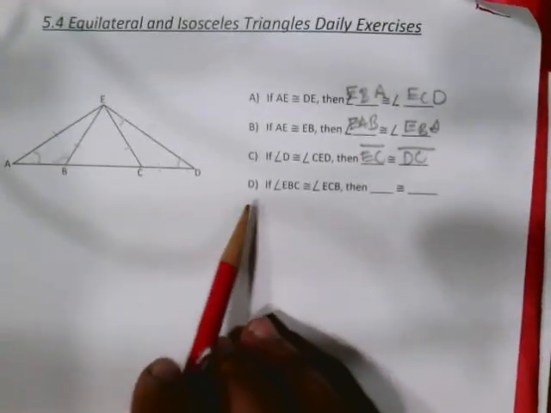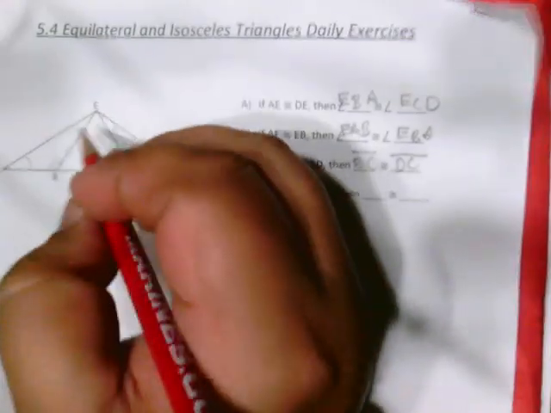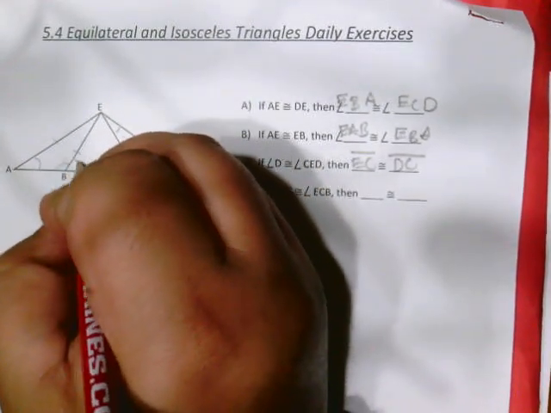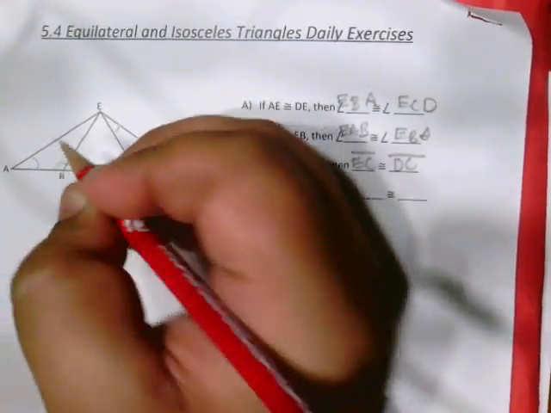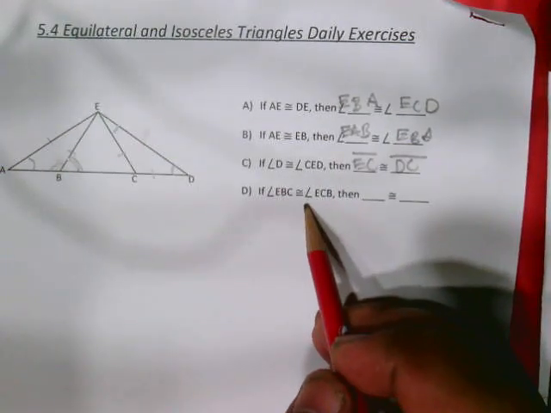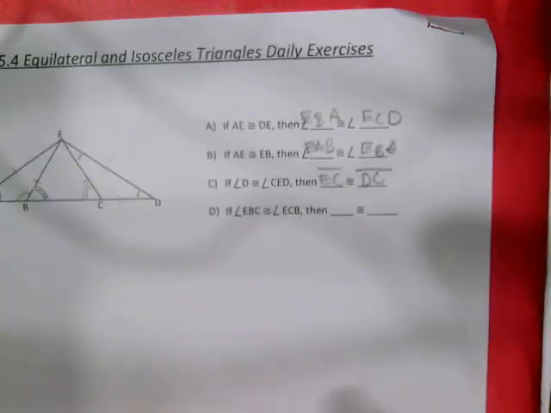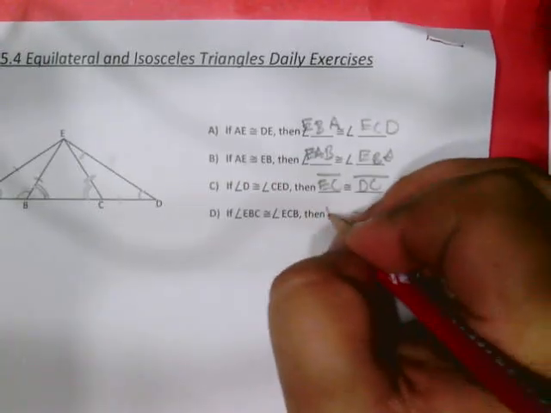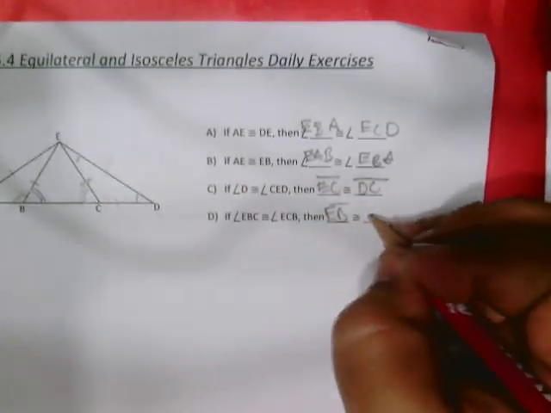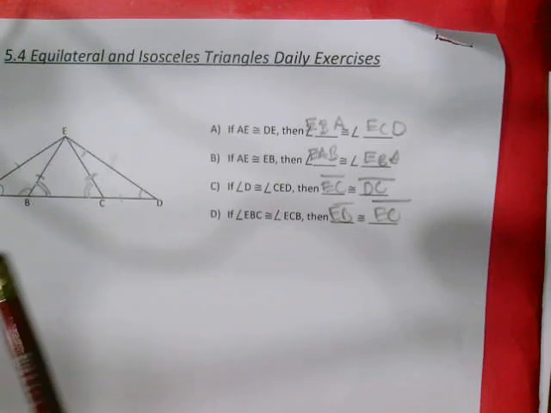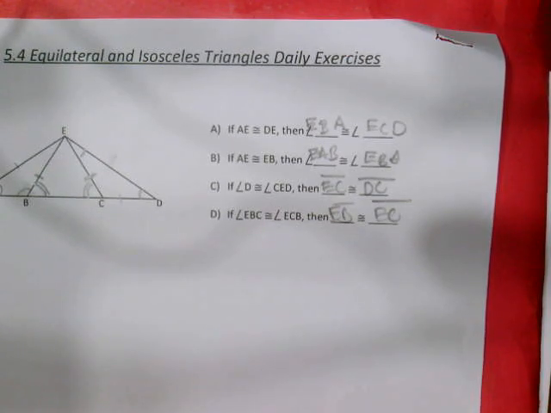If EBC, that's this guy right here, is the same as ECB, then this one and this one are the same. EB, EC. All right, well, you're not going to get any better at it until you give it a shot. So go ahead and give it a shot. Good luck.